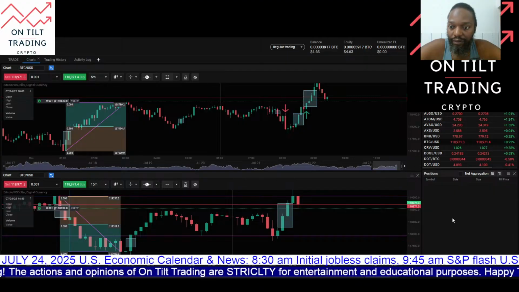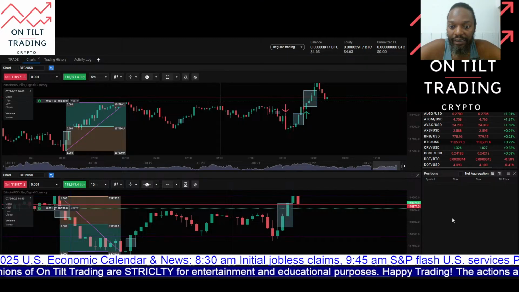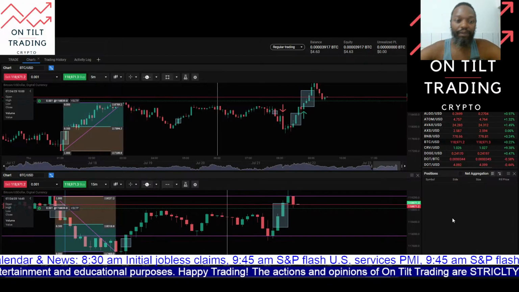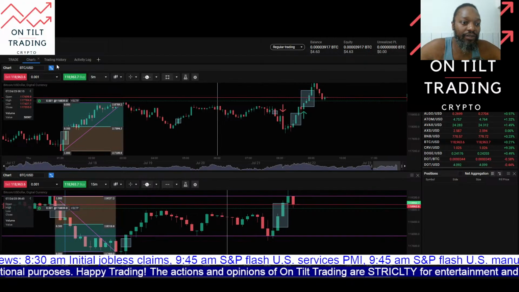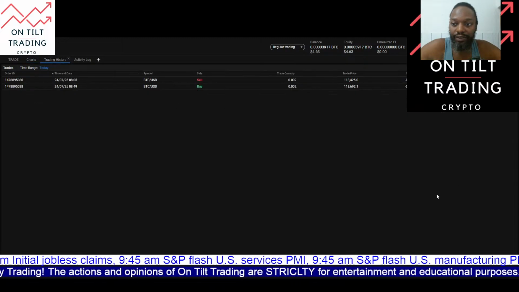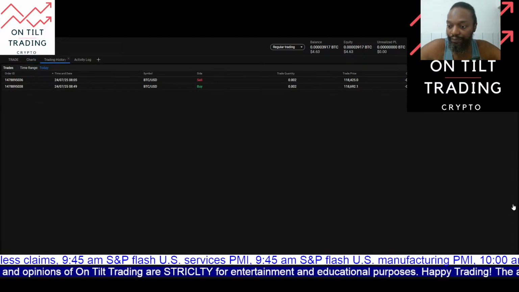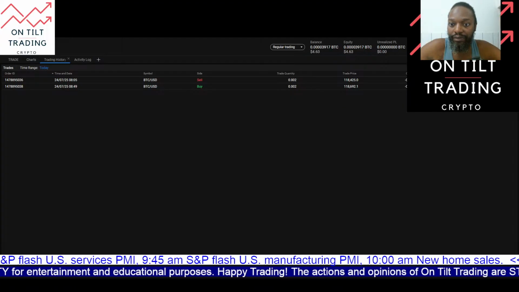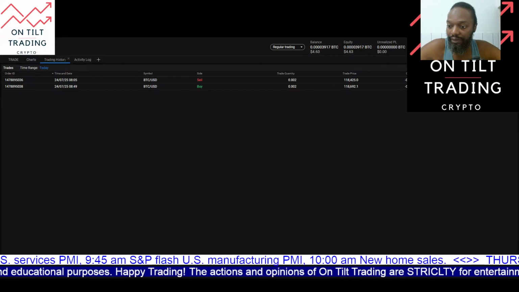So trying to dial in what I'm using here. And then just to go to my tickets, just to show the small loss from earlier. Small loss here, maybe about 60 cents.